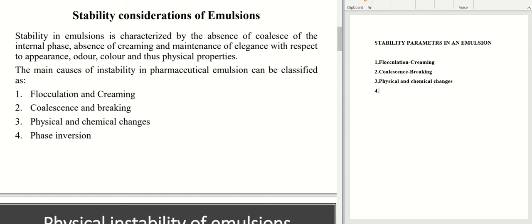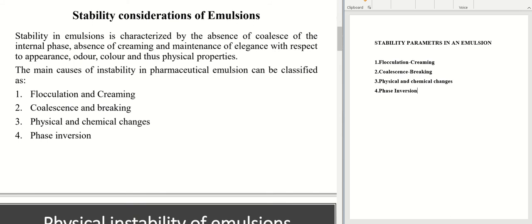The next one is phase inversion. Phase inversion is a phenomenon where the inversion of different phases, like inversion of the aqueous phase and the oily phase present in an emulsion, occurs.